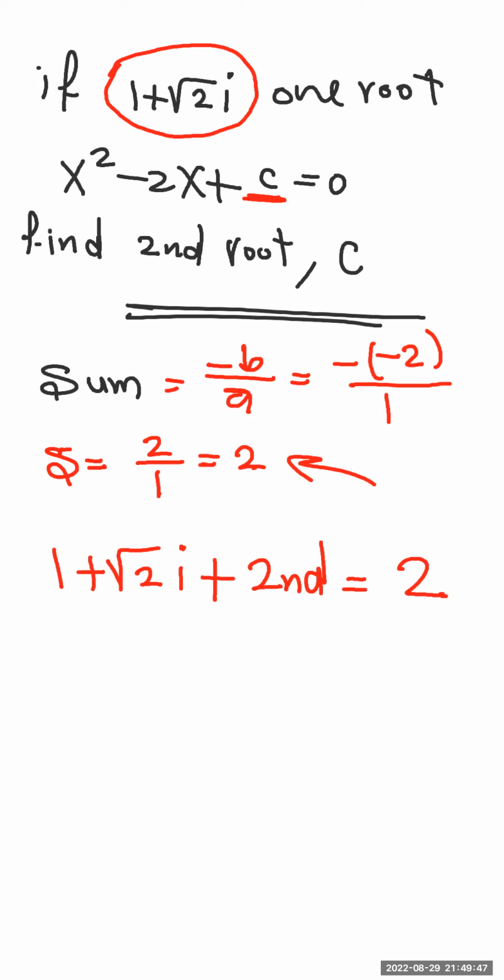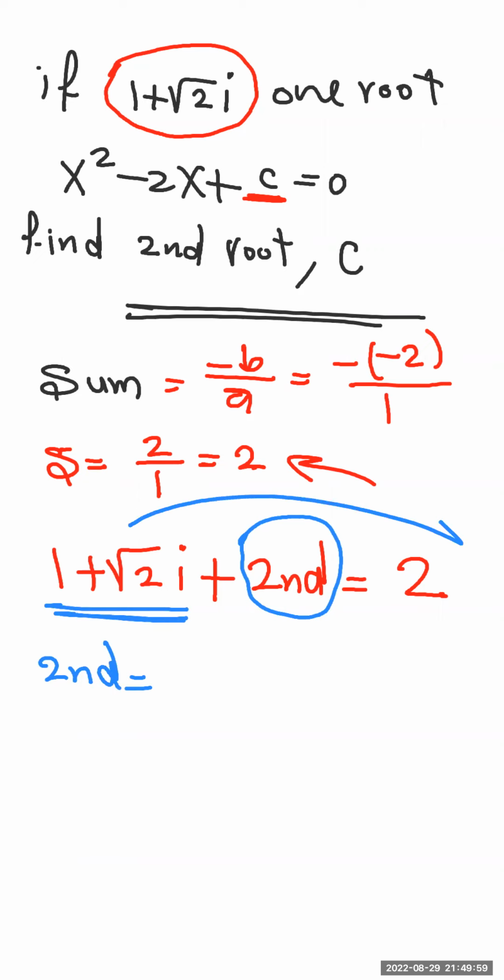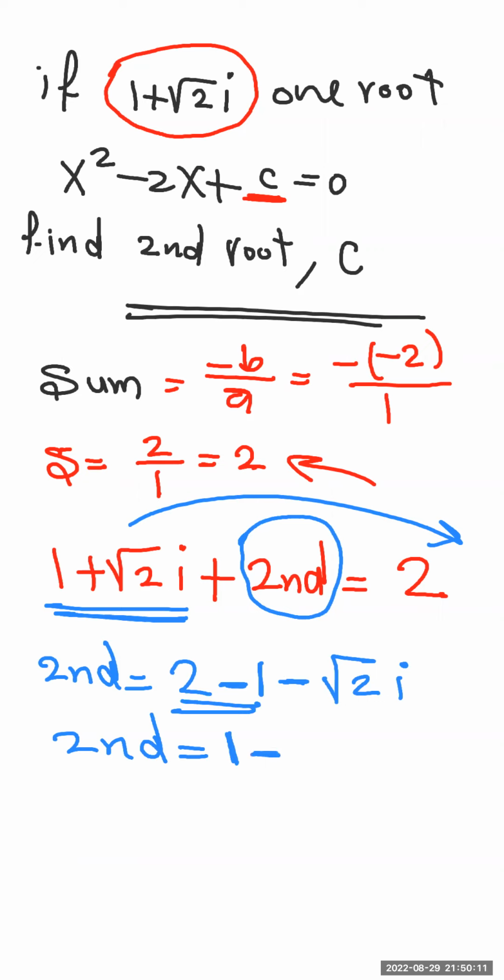So this means the second root will equal, shifting all these terms to the other side, 2 minus 1 minus square root of 2i. So the second root, I got it: 2 minus 1 means 1 minus square root of 2i. So this is the second root.